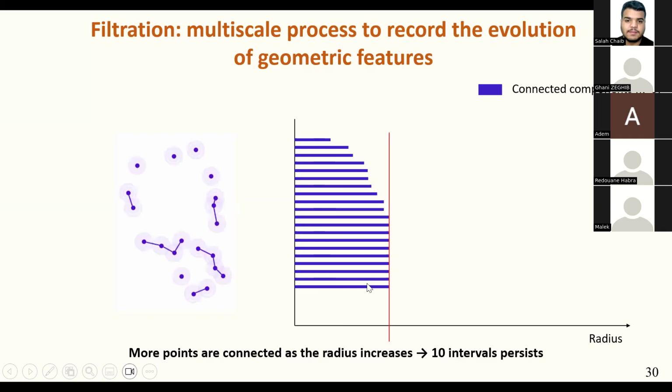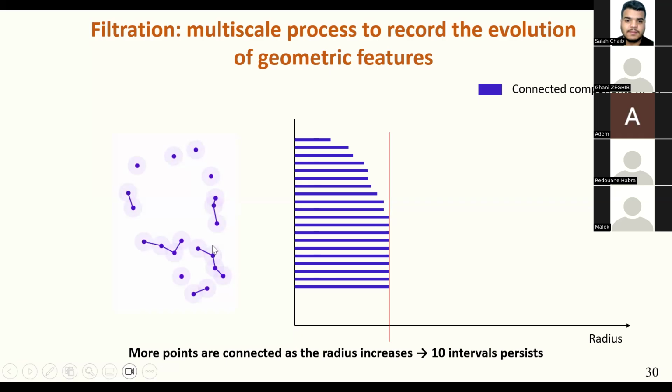We increase the radius, the points begin to connect, and as points connect, we have connected components that die. So we see intervals stopped throughout the filtration process.